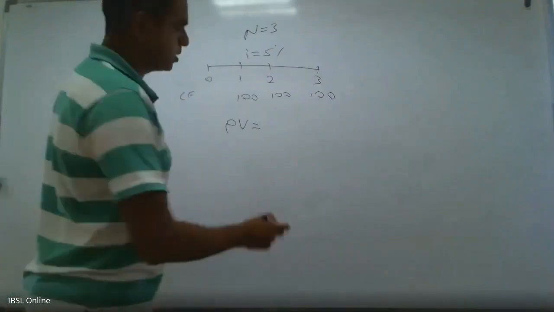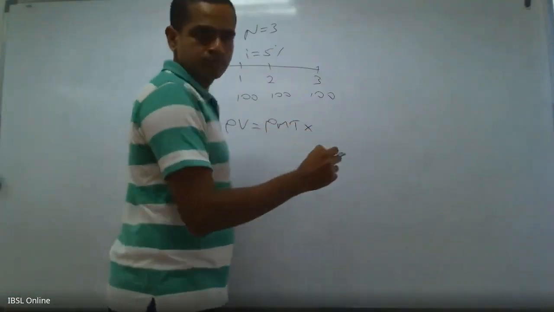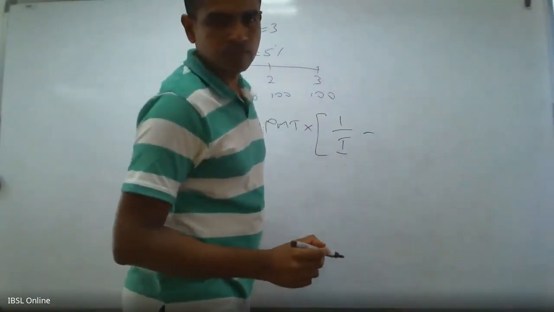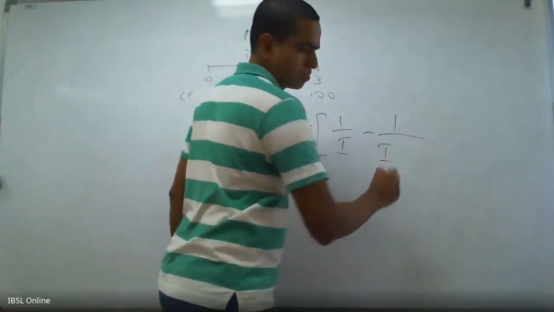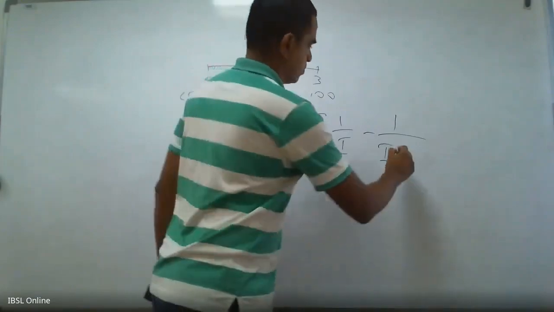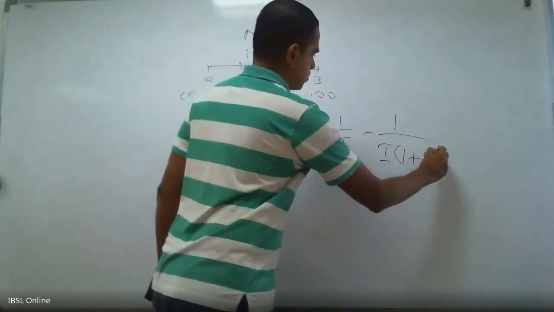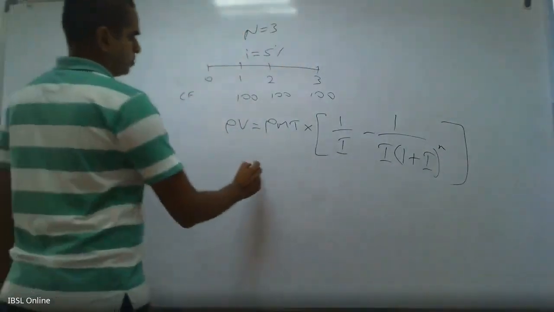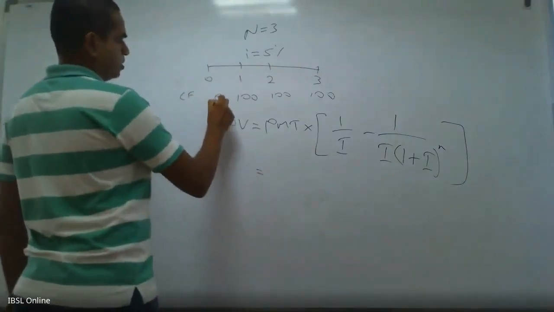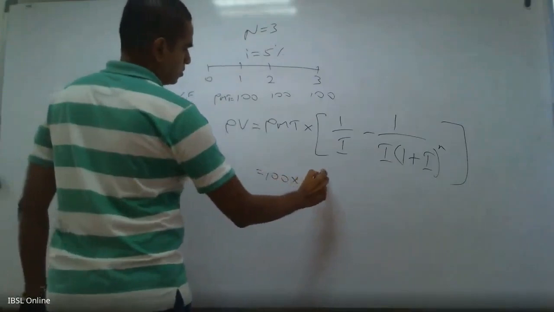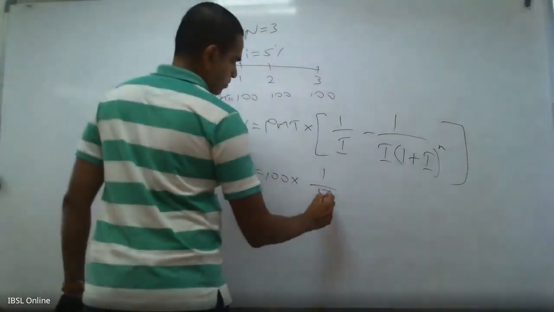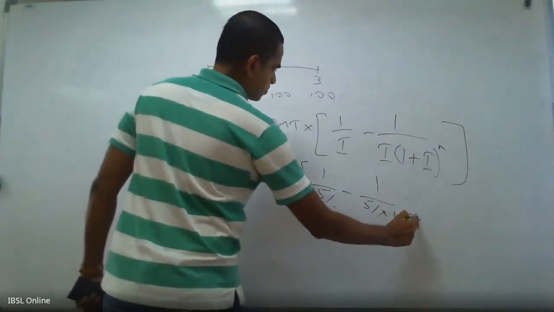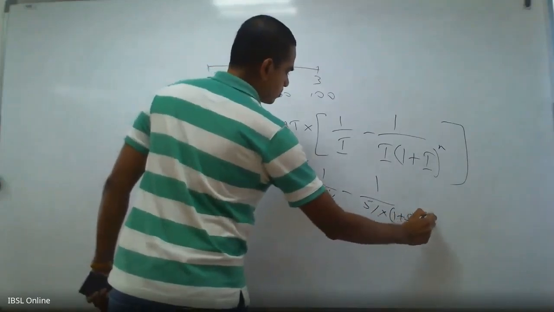Again, you don't have to memorize this equation. These are payments. 100 into 1 over i, which is 5%, minus 1 over 5% to the power 3.